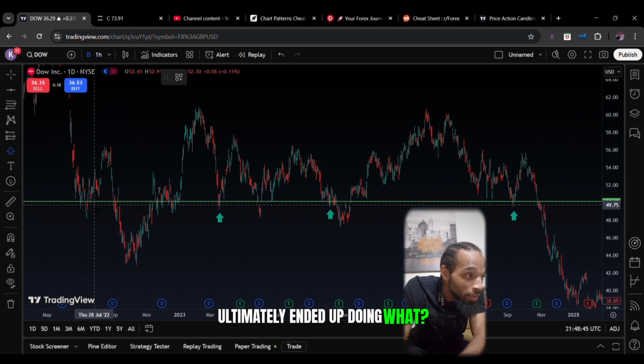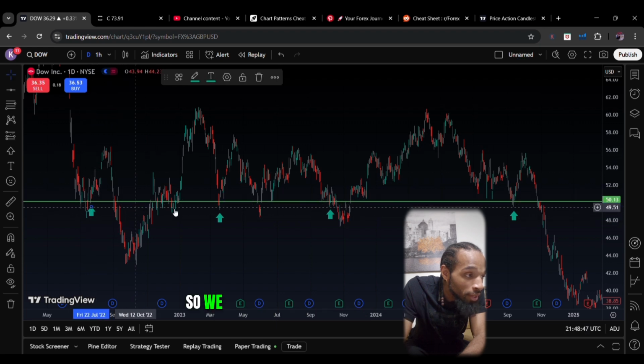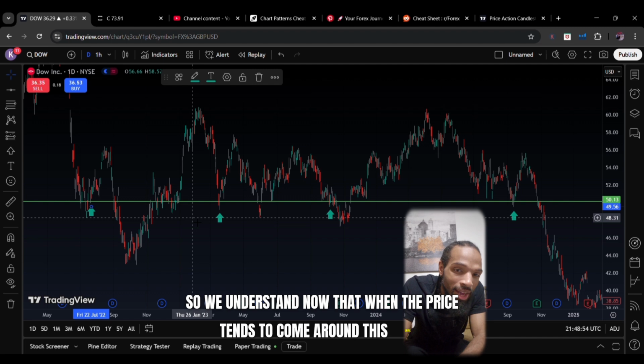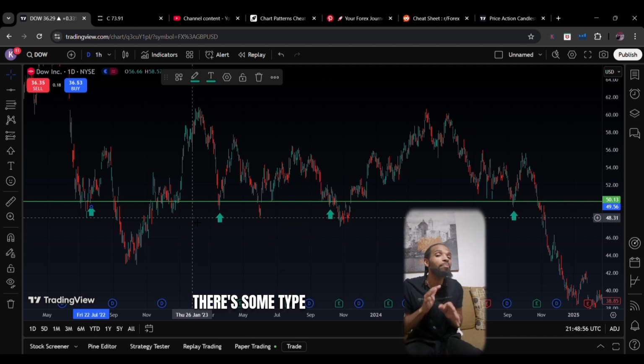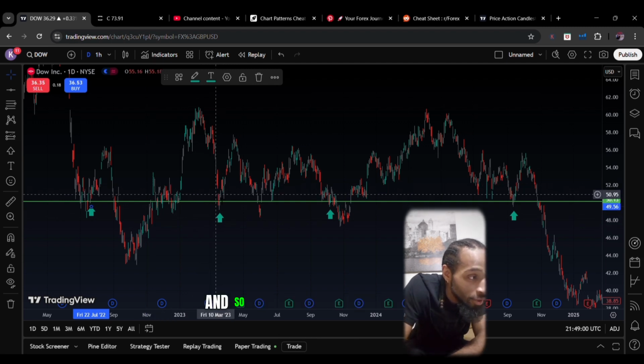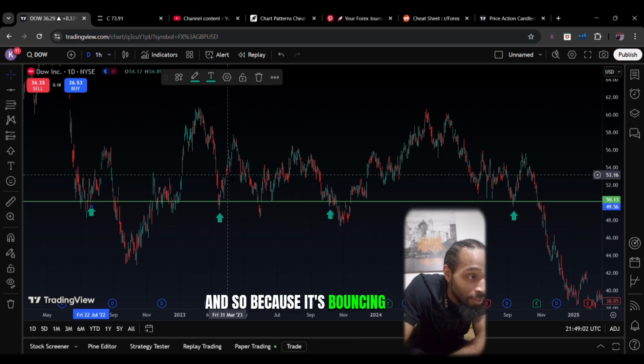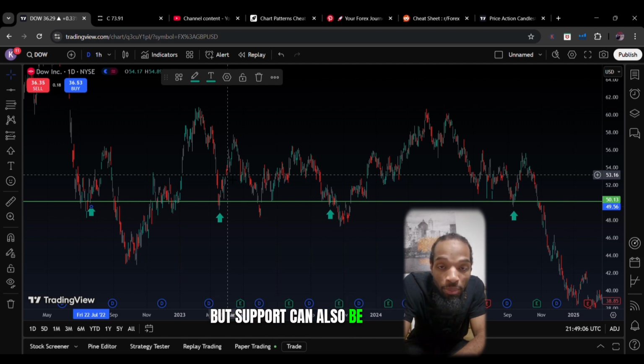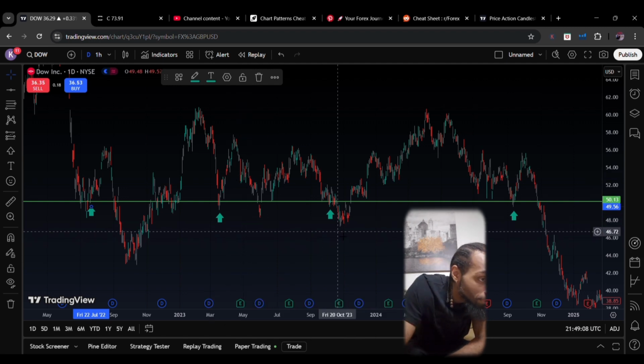Going back up. So we understand now that when the price comes around this level, there's some type of resistance going on around there. And because it's bouncing up, that makes it support. But support can also be resistance.